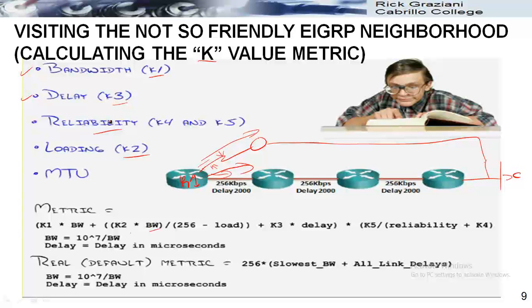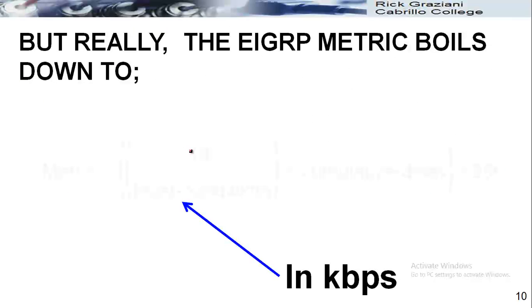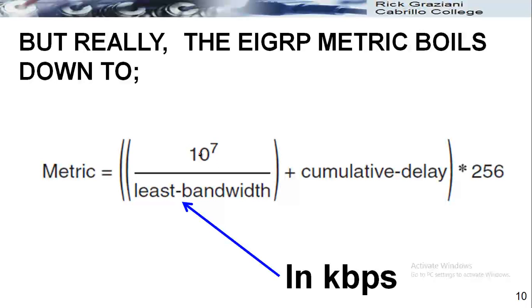If you stick with the default, if all these others are 0, it just boils down to this. The actual metric is 10 to the power 7 divided by the least bandwidth, plus the cumulative delay, then you multiply by 256. Let's say you have a topology with a network there, then some backup link that goes like that.